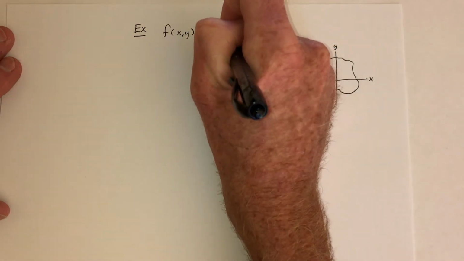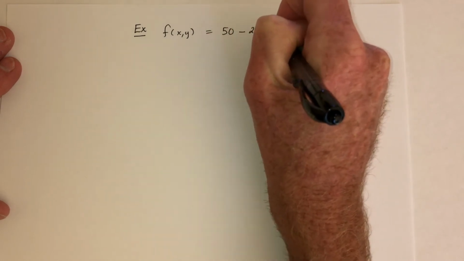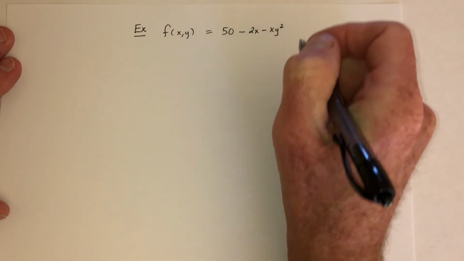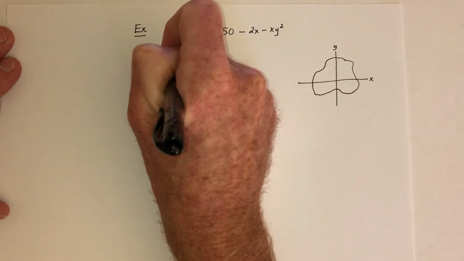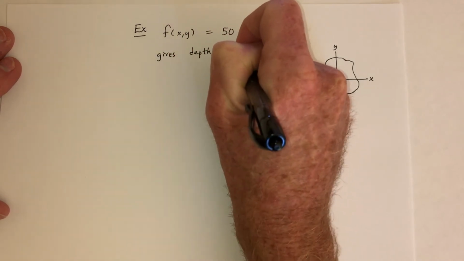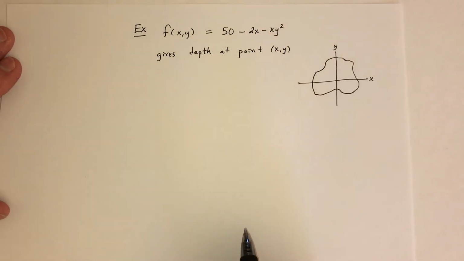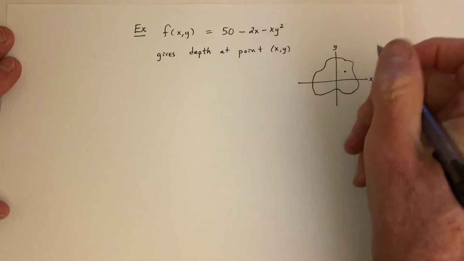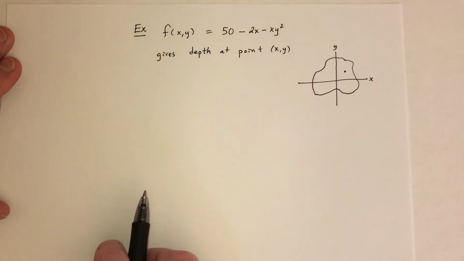And this function, 50 minus 2x minus xy squared, gives the depth of the lake. So if you have some particular point, you've got an x and a y, you can plug them in, and then that's going to tell you the depth at that particular point. So from the surface down to the bottom, how many feet is it?